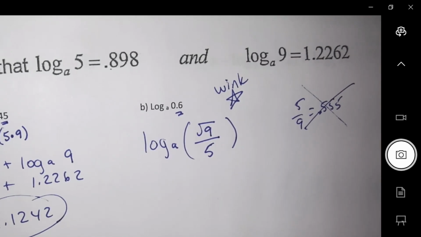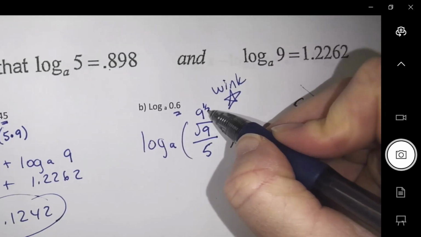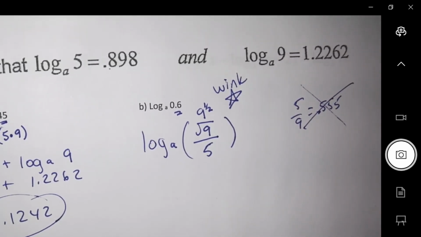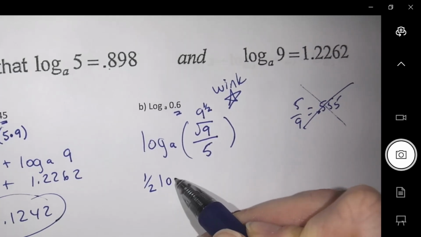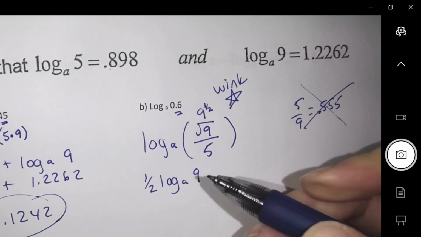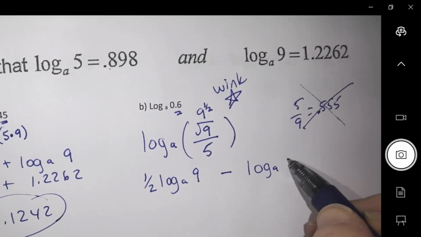You've got to practice getting a combination, how to get that. Okay. Understanding how to write the square root of 9 is the same as 9 to a half exponent, right? So separating, we go a half log A9 minus log A5.